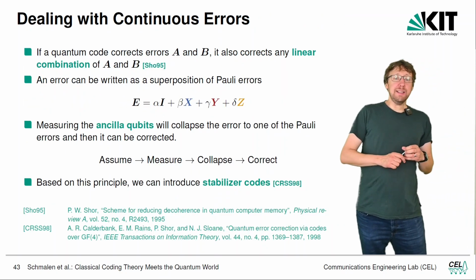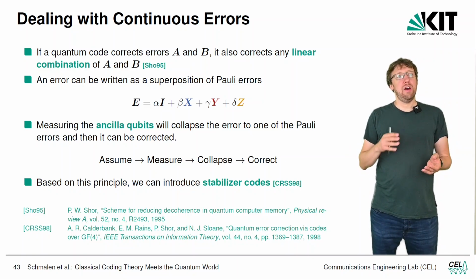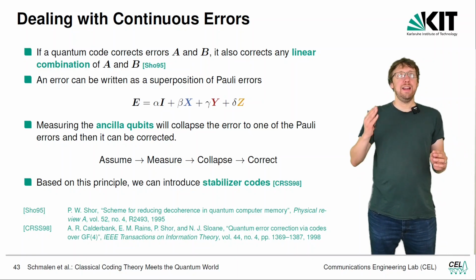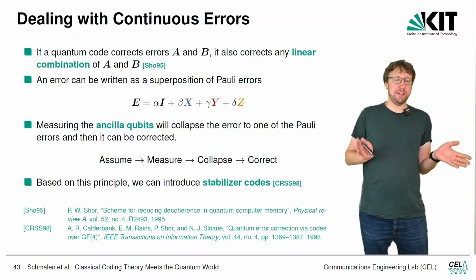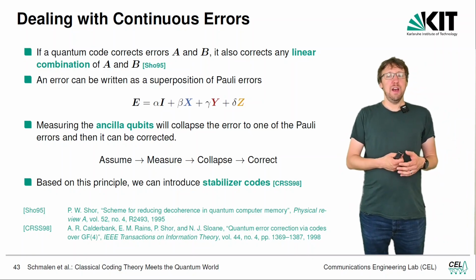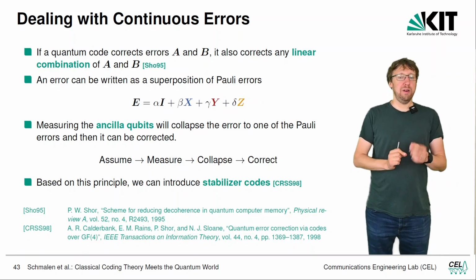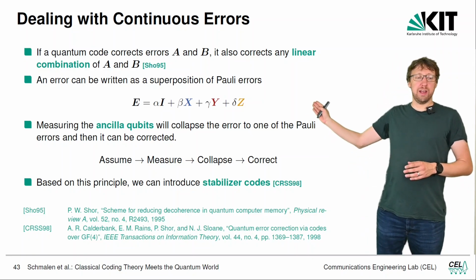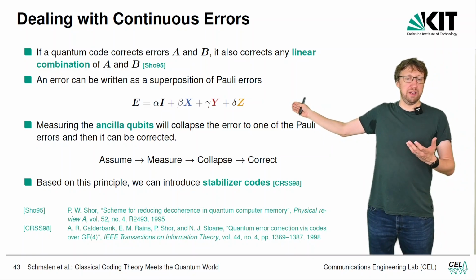Now the nice thing about quantum error correcting codes is that if we can correct errors A and B, we can correct any linear combination of these errors A and B. And this is a result that still puzzles me to this day because it's very counterintuitive, but it means we only need to care about correcting discrete Pauli errors, because every error can be written as a superposition, as a linear combination of Pauli errors.